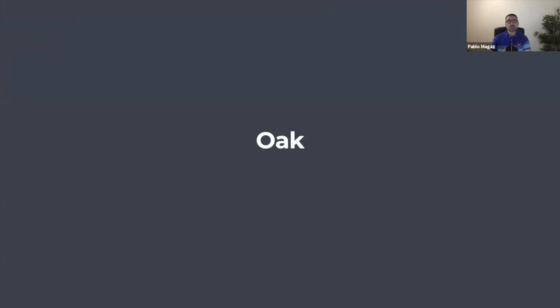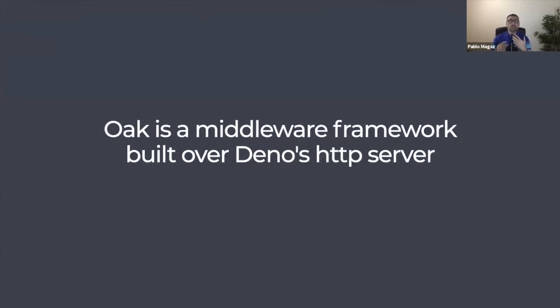In fact, we can consider Oak as a middleware framework that is built over Deno's HTTP server. And like Node.js, Deno has a standard library which includes an HTTP server. Oak is going to extend the functionality of this server, adding features like, for example, the middleware layer.